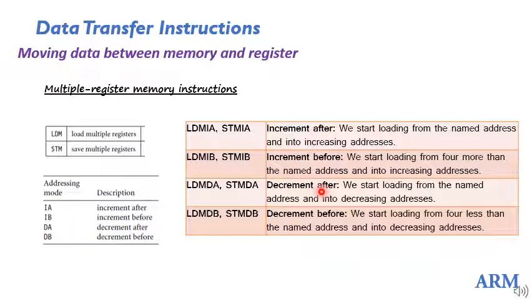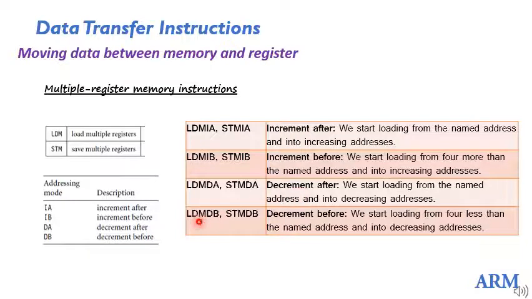That means whatever address is specified in the instruction, from there the transfer will start, but the next memory address for the memory access will be decremented from that given address. So here decrementing will happen after the data transfer has occurred.